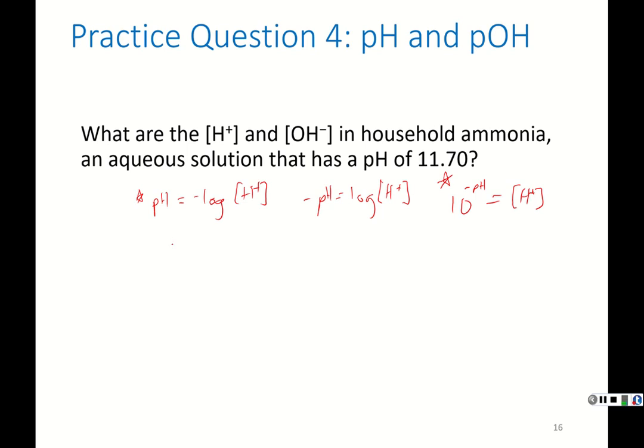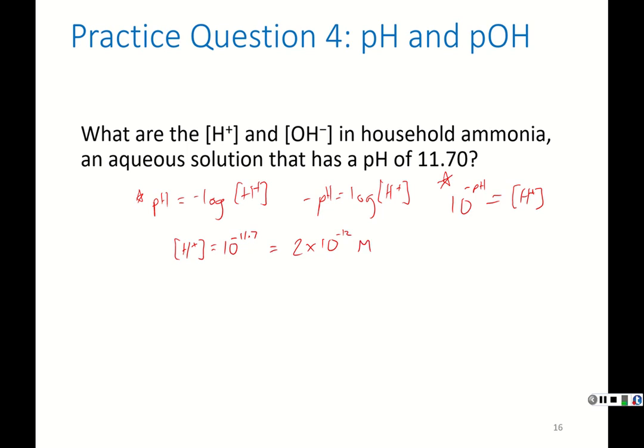So here we can plug in our value for pH. H plus equals 10 to the negative 11.7, and that is 2 times 10 to the minus 12 molar.